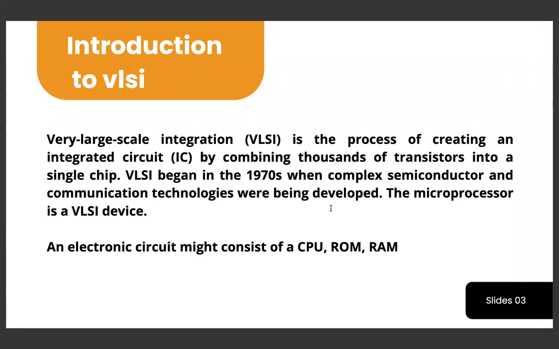You can take a transistor as a fundamental element, like a cell in our body, just as our body is constituted of cells. A transistor is the primary ingredient or constituent of all the VLSI chips that we have. The VLSI industry began somewhere around the 1970s when complex semiconductors and communication technologies were being developed.